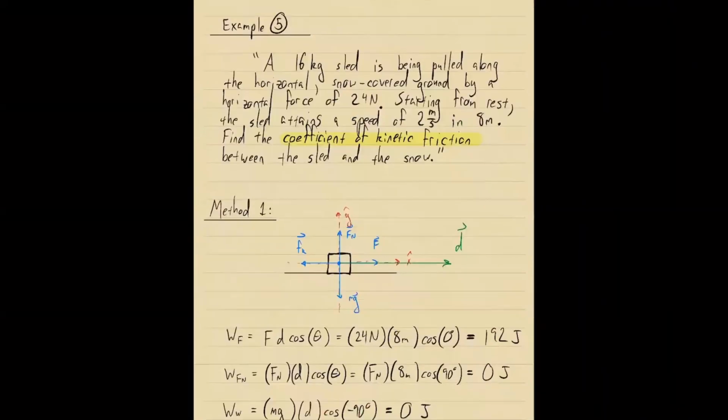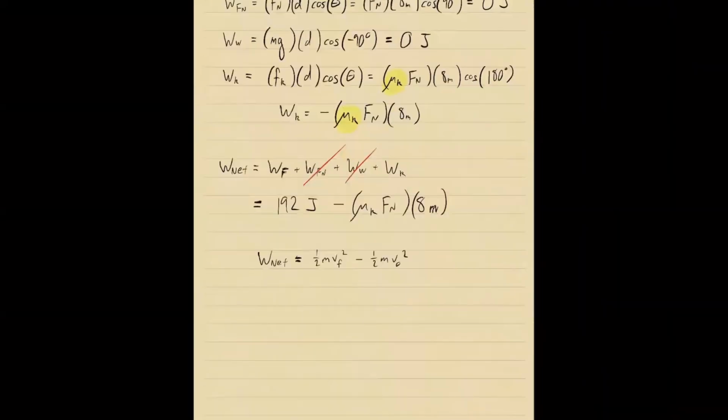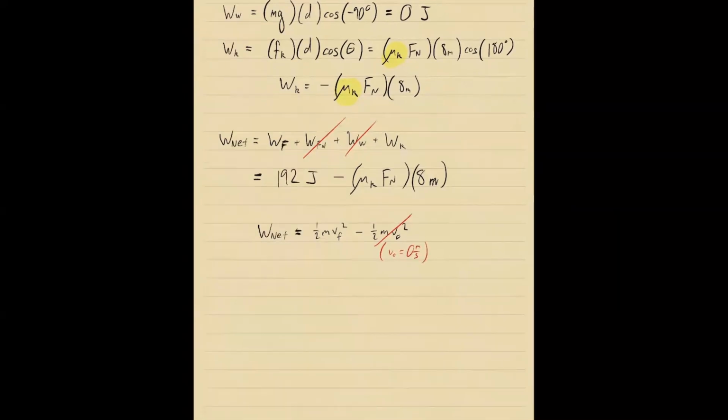So if you remember back at the beginning of the problem, this sled has a mass of 16 kilograms, but it starts from rest. So its initial velocity is 0, and it attains a final speed of 2 meters per second. So since its initial velocity is 0, the initial kinetic energy is 0. So the change in kinetic energy is just equal to the final kinetic energy, half m v final squared.